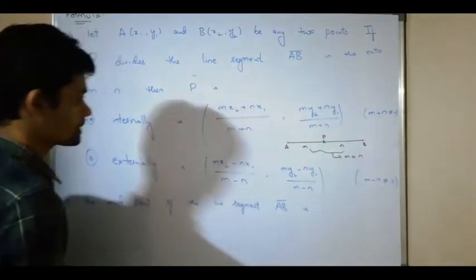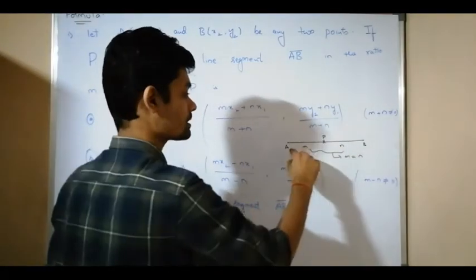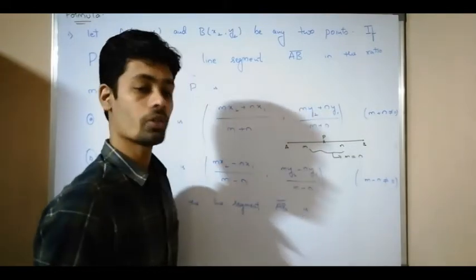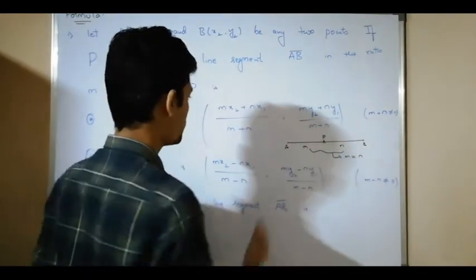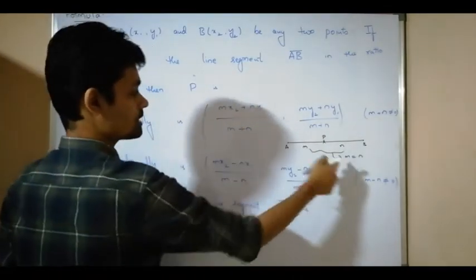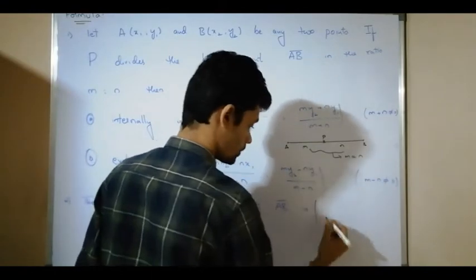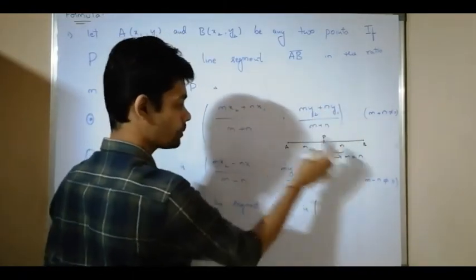Now I am substituting here because we will get a midpoint if it lies on the line segment. Then I can use the internal formula. Since m and n both are equal, in place of m I am going to write n.